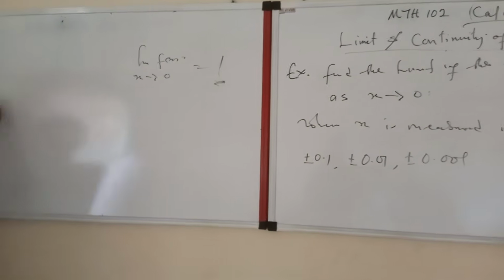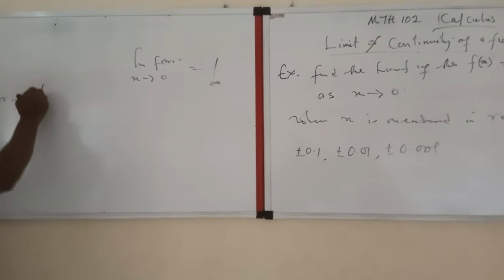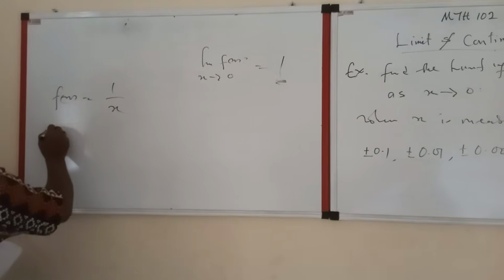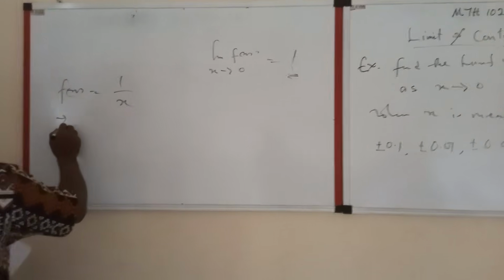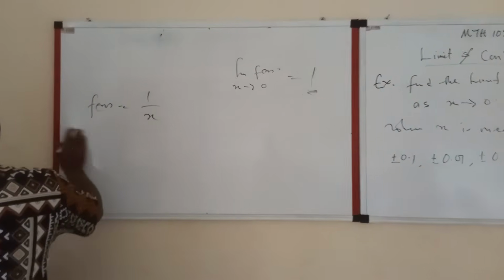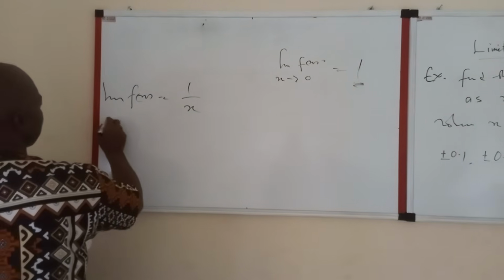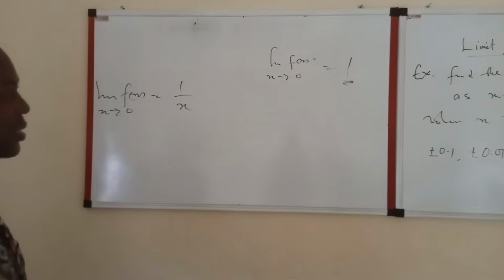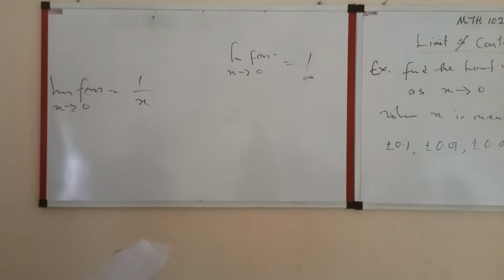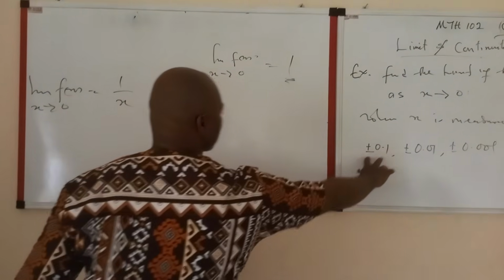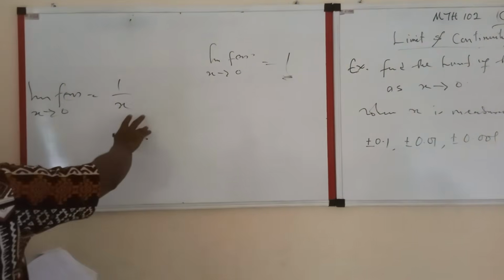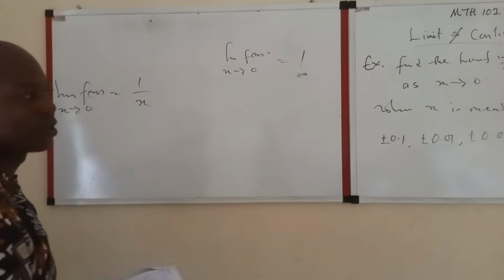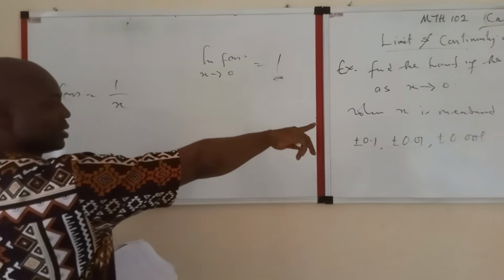Now, what if the function is this, the limit of the function as x tends to 0? What happens? Remember, these are the things that we will still be considering. When you put in the negative side, the values that we will be having will be negative values. In that one, we said that the limit exists.